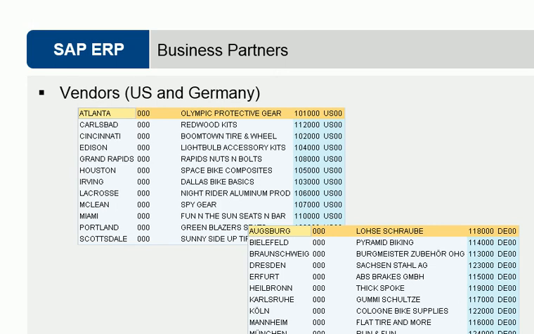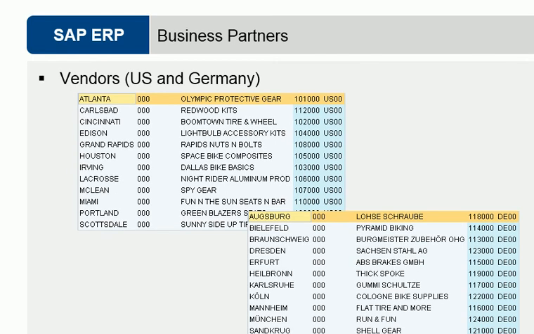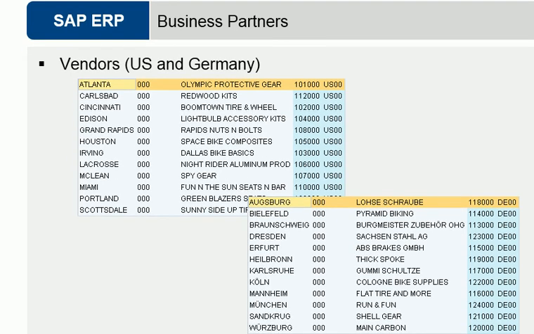And of course, again, we have different vendors that we buy from. So we have vendors in the US, vendors in Germany. Someone may ask, if we are only manufacturing in Germany, why do we need vendors? Well, one reason is because you sell trading goods. It doesn't make sense to import trading goods all the way from Germany.